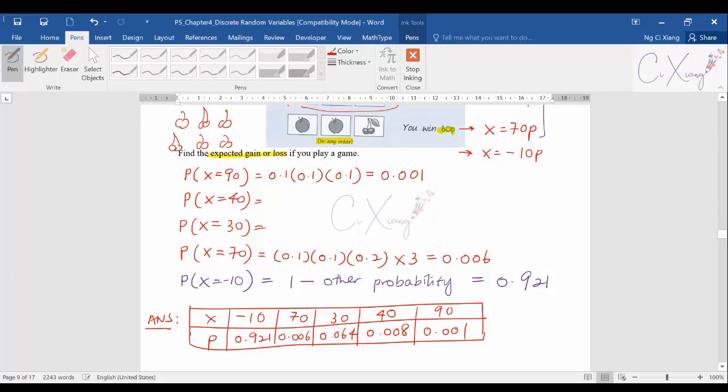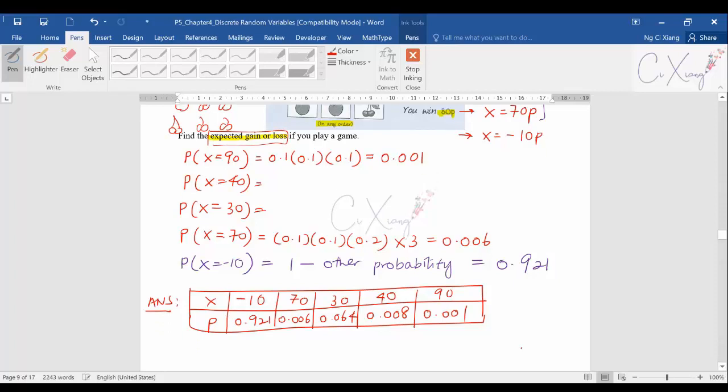And then after that, they are asking you for the expected gain or loss. That means you try to find out E of x. Okay, so again, I'm not going to show you the detailed steps. You try to complete it yourself and you should get negative 6.46. Okay, so that means what? That means when you are playing any single game, you lose on average about 6 cents per game.